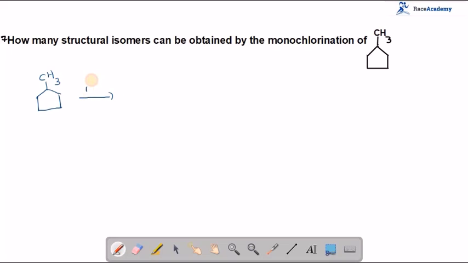So in the presence of sunlight, chlorination takes place. What are the possibilities? Let's see. The methyl side chain is this. If the side chain undergoes monochlorination, then we will get CH2Cl as a side chain.